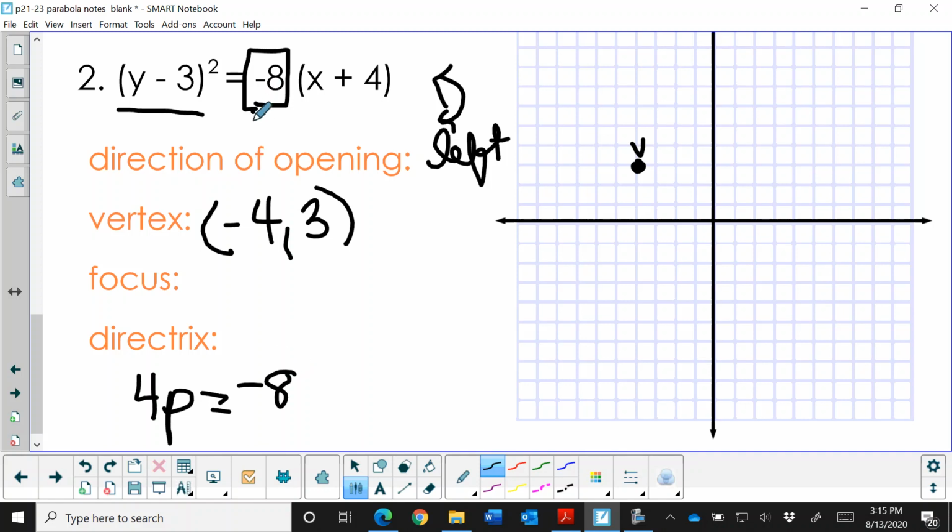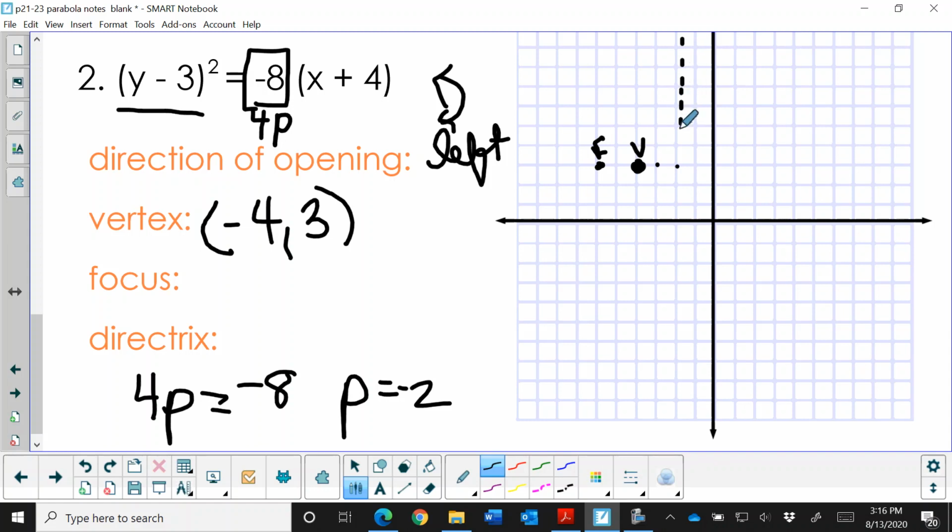Because remember our equation said 4p was equal to this number, so p is -2. Negative just means I'm going to the left. So I'm going to go to the left 2, and there's my focus. I'm going to go to the right 2, and there's my directrix.